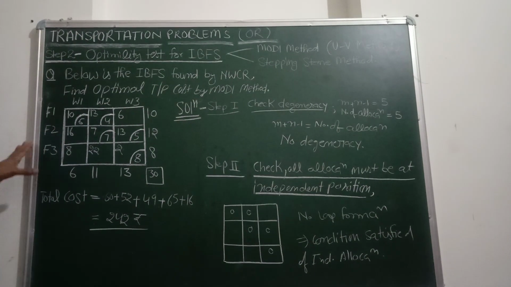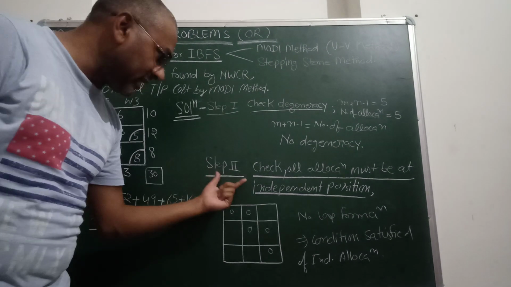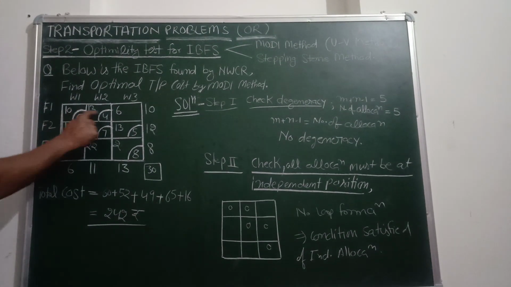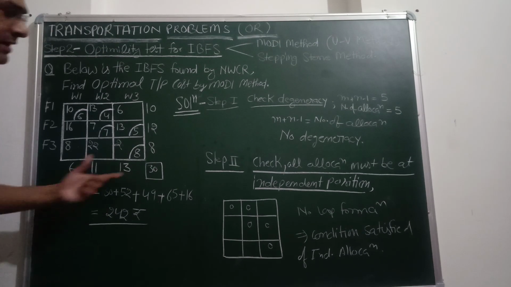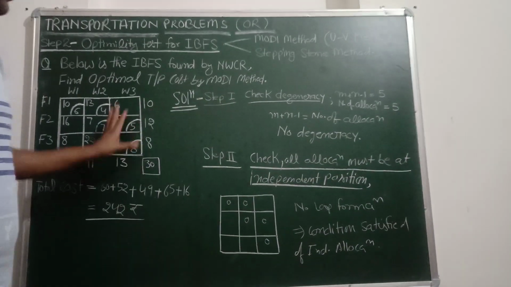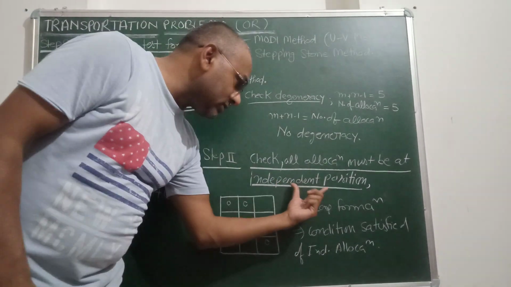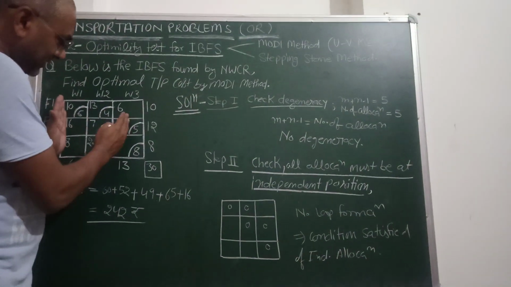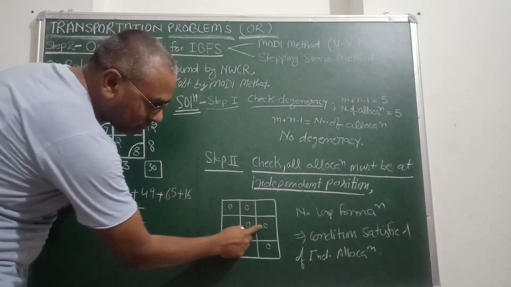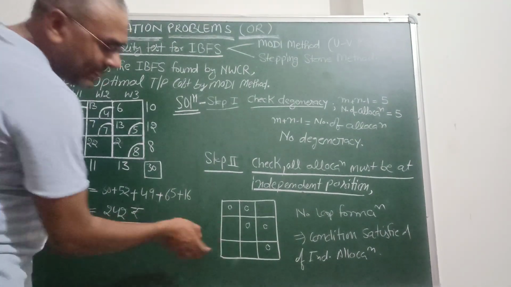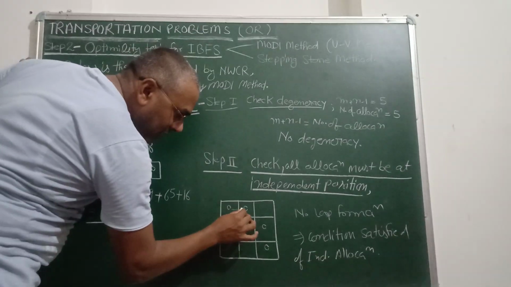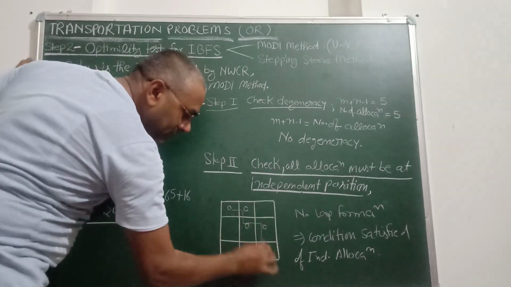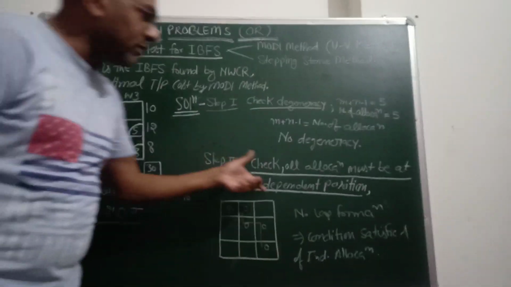Now the second step is pretty important. What do we have to check? We have to check if these allocations are made at independent positions. Before moving to that, we must understand what independent positions are. Suppose using this method we have marked the different cells to which allocations have been made. You will see that if there is a loop formation, then we can say that they are not independent positions.